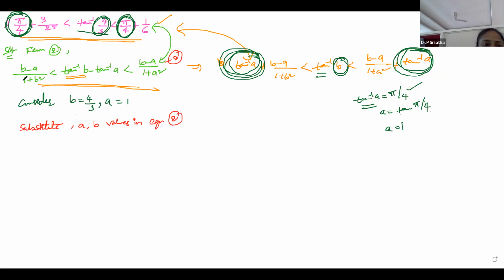B is 4 by 3 minus the A value; A is 1, divided by 1 plus B squared, that is 4 by 3 whole square, is less than tan inverse B, which is 4 by 3 minus tan inverse A, where A is 1, is less than B, which is 4 by 3 minus 1 divided by 1 plus A square, 1 square. So all of you simplify this.